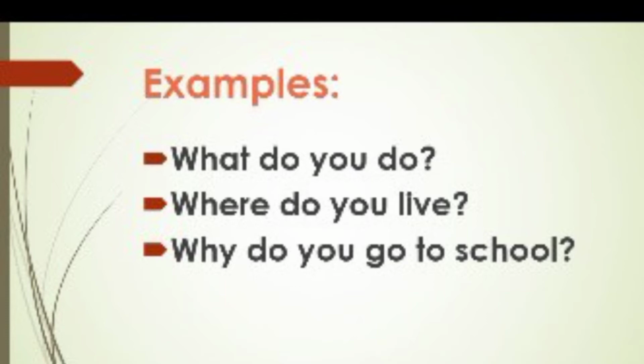So at first the WH question word why, then you have to add do, then you have to write the subject. Here the subject is you, and then verb 1 go, and to school is the object, and at the end you have to put a question mark. In this way you have to make a WH question.